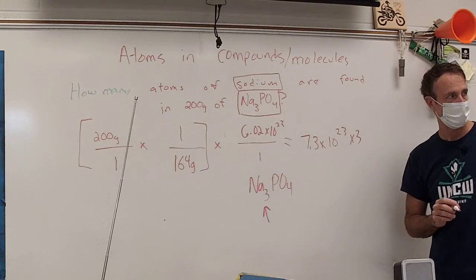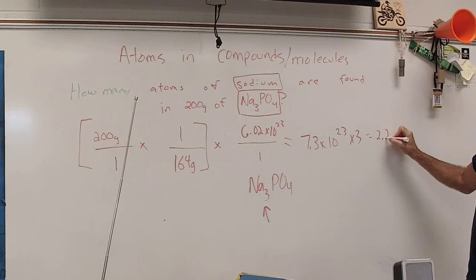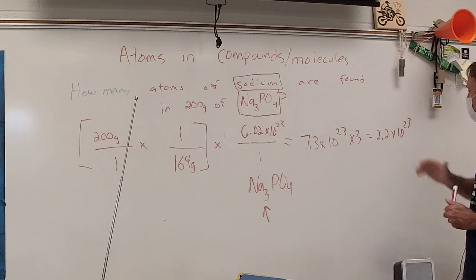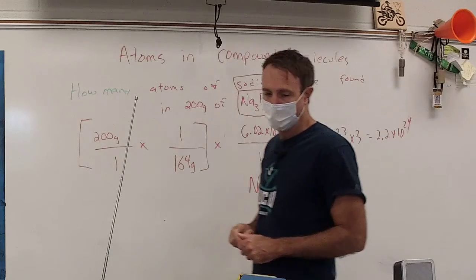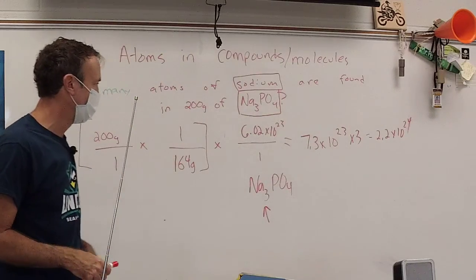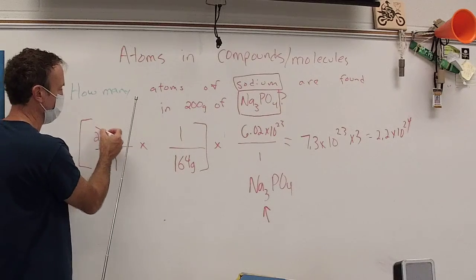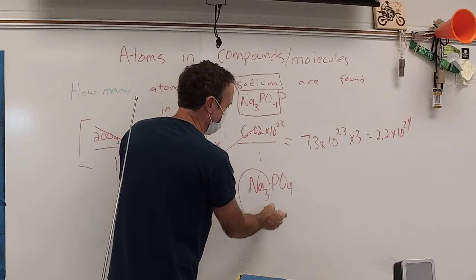Does that make sense? So that'd be 2.2 times 10 to the 24th, because that takes us up to 20. So what we did was we solved this equation, just like yesterday's problem, the V-shaped equation, and then we multiplied our answer times 3.